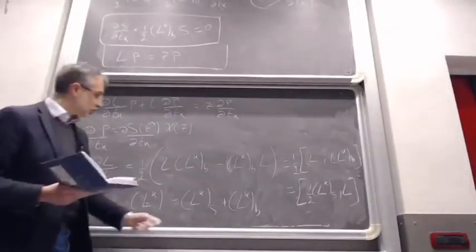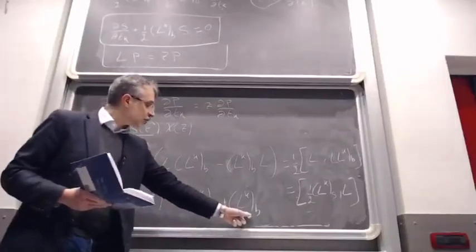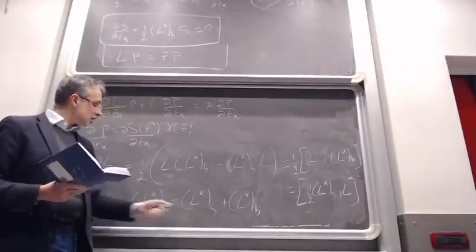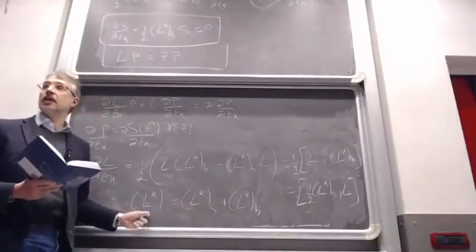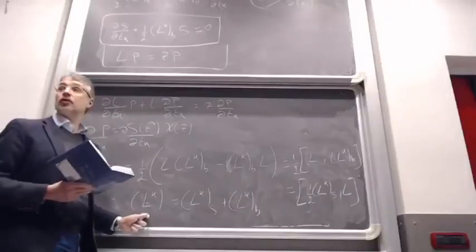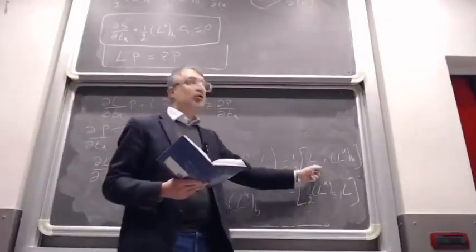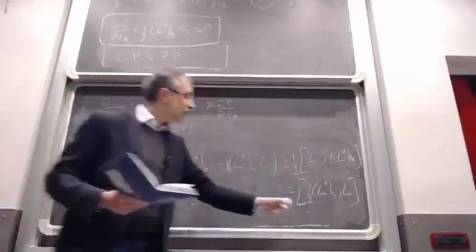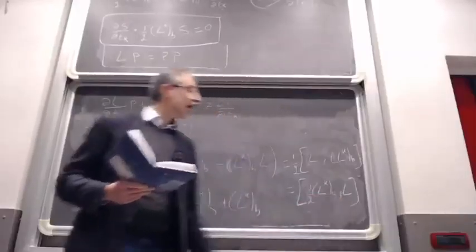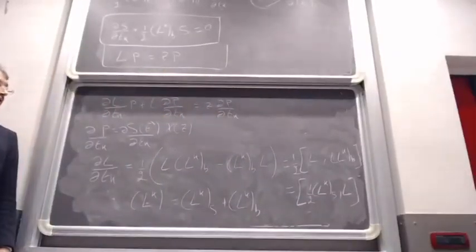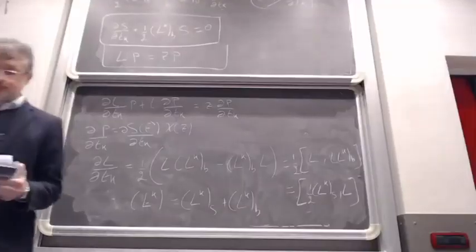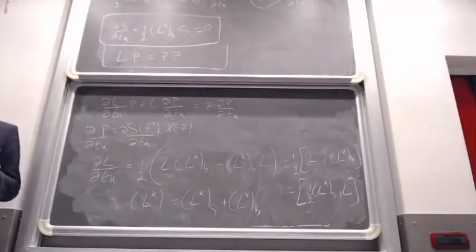So we just express the projection B in terms of the projection S, so it changes the sign. Then we have the additional term L to the power k, which commutes with L. So what is left is just the commutator of L^k_S with L.